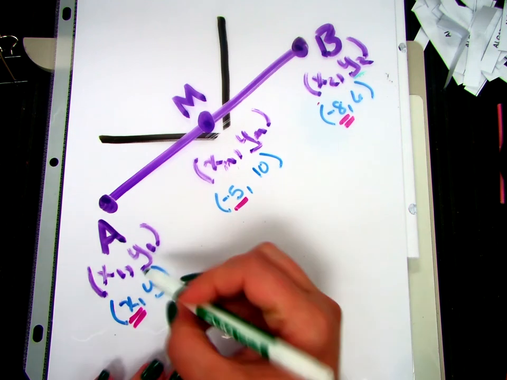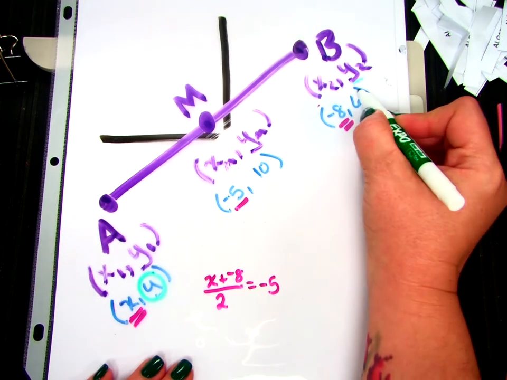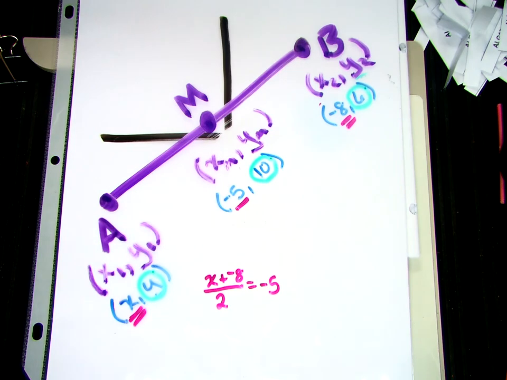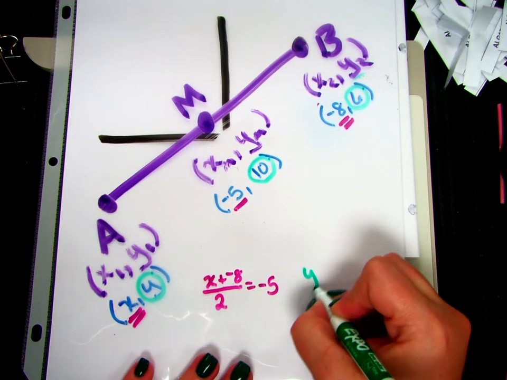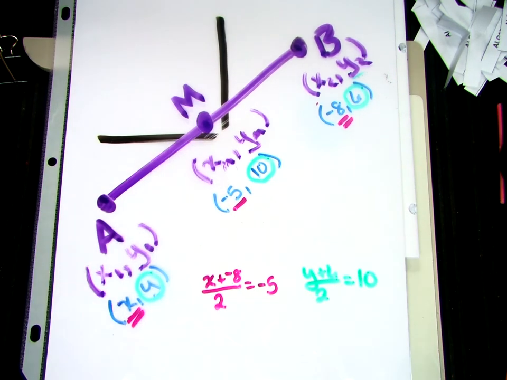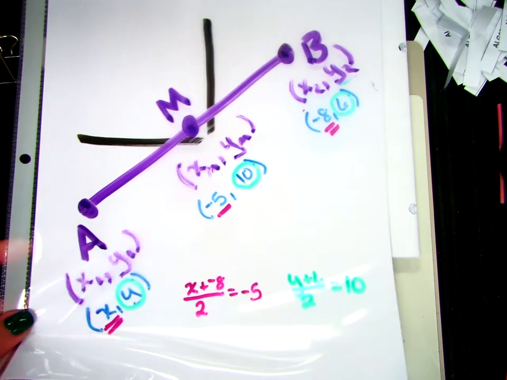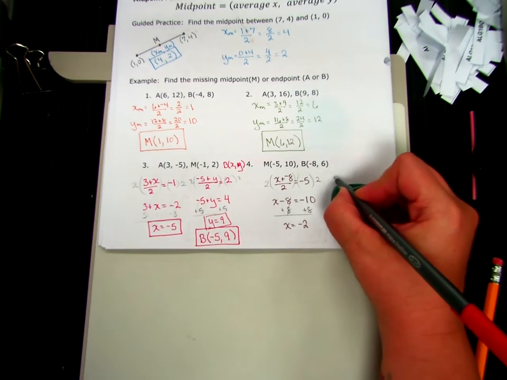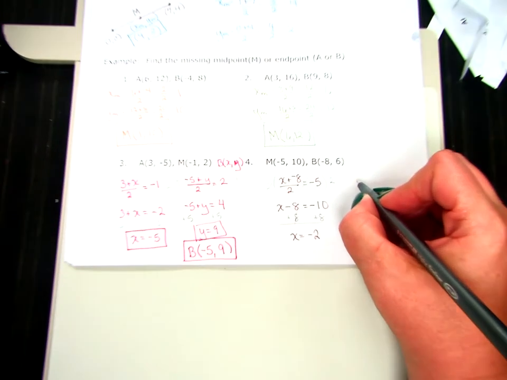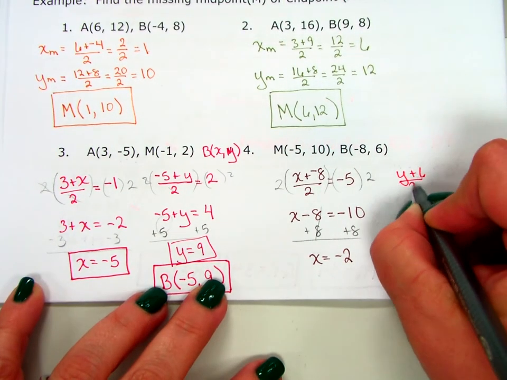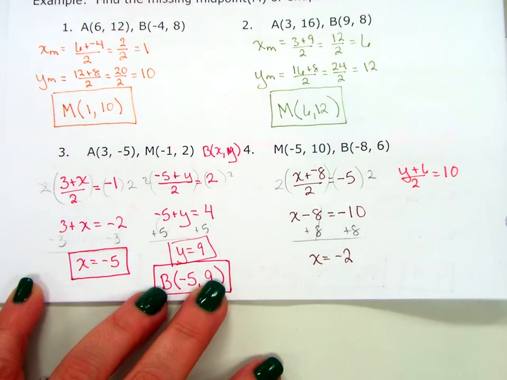When I look at my y's, what is my equation going to look like? y plus 6 over 2 equals what? 10. y plus 6 over 2 equals 10. Oops, I went the wrong way.